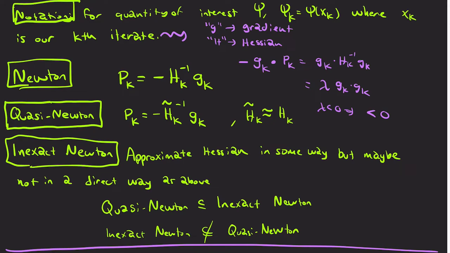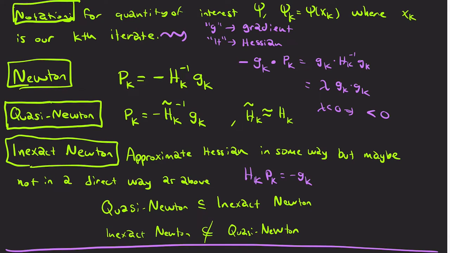We actually want this expression of Hk, but rather than explicitly solving pk equals minus Hk inverse gk, in practice what you actually want to do is solve Hk pk equals minus gk, because you never want to explicitly form an inverse in most cases.